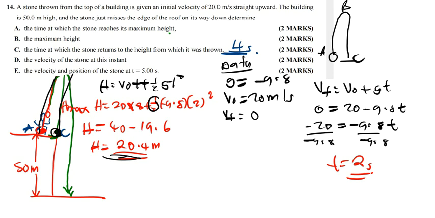When you throw something going up, the initial speed is 20 meters per second. The same speed when it reaches that point, but with the opposite sign, so it is going to be negative 20 meters per second. But if you are not convinced, we can solve and we'll find the same answer.